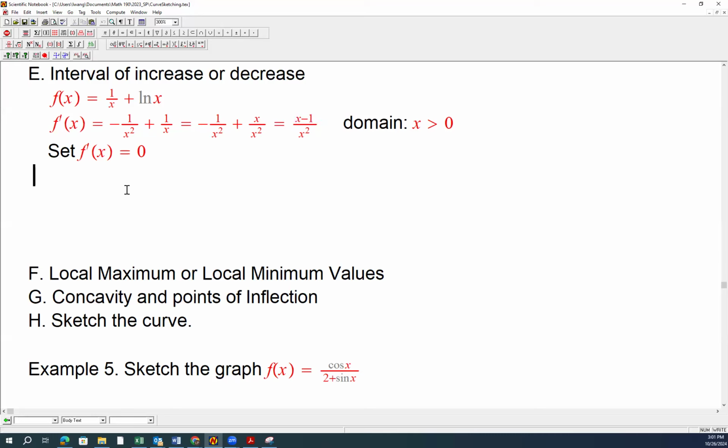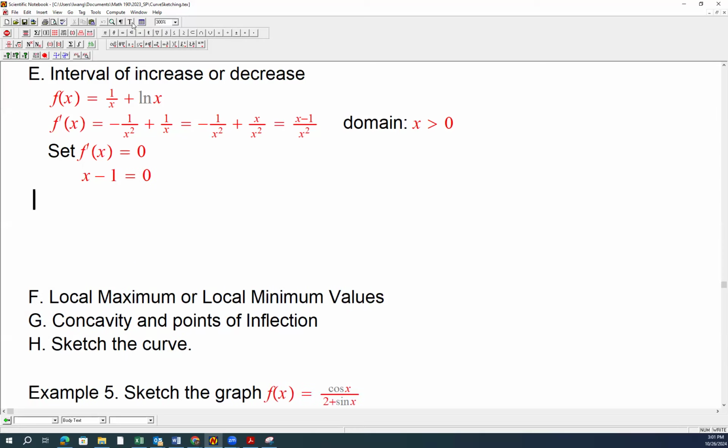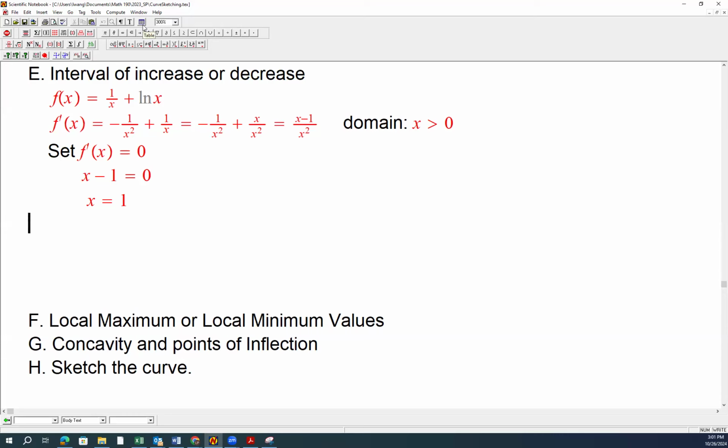So the only way for the first order derivative to be equal to 0 is x minus 1 has to be 0. So we get our one and only critical number.